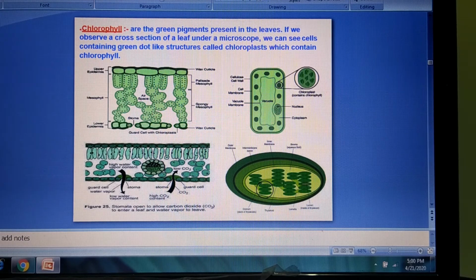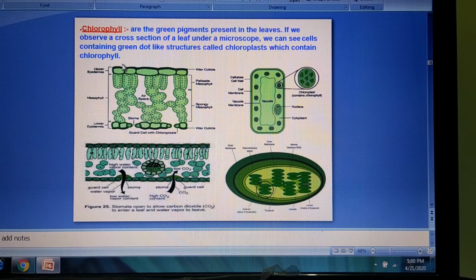Then one layer of cells on the lower side is called the lower epidermis. In between, the tissue present is called mesophyll tissue. So in the cross section of the leaf, we can find broadly three layers: upper epidermis, lower epidermis and mesophyll tissue.